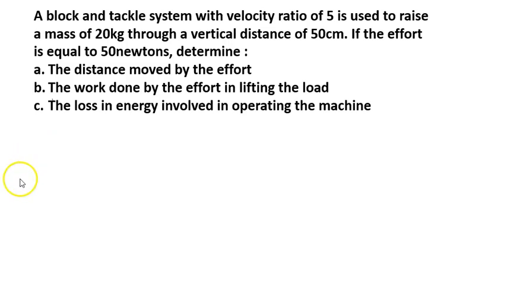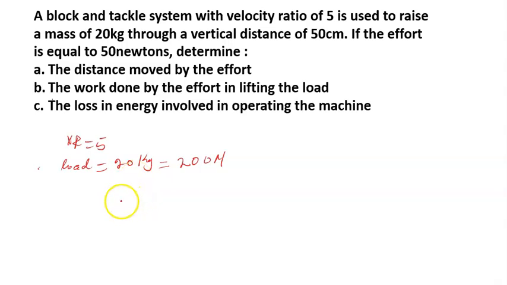For this particular system, we've been told the velocity ratio is 5, so that VR is equal to 5. We've been told that the load involved in this system is 20 kg. The load of 20 kg is obviously the same thing in weight as 200 newtons.